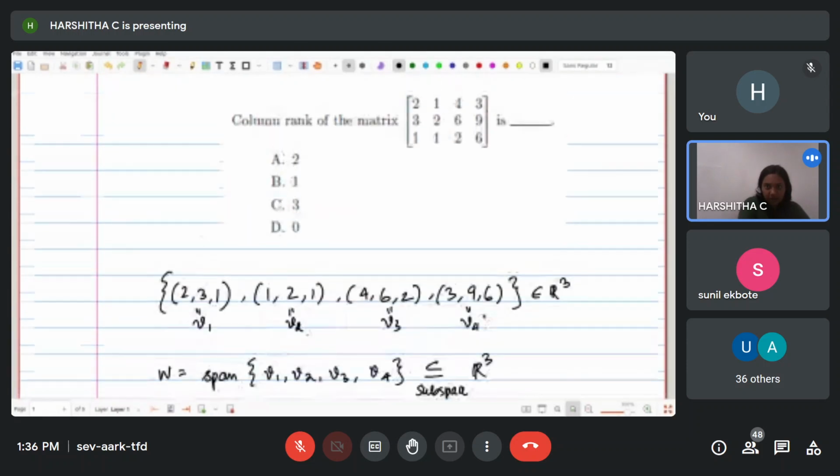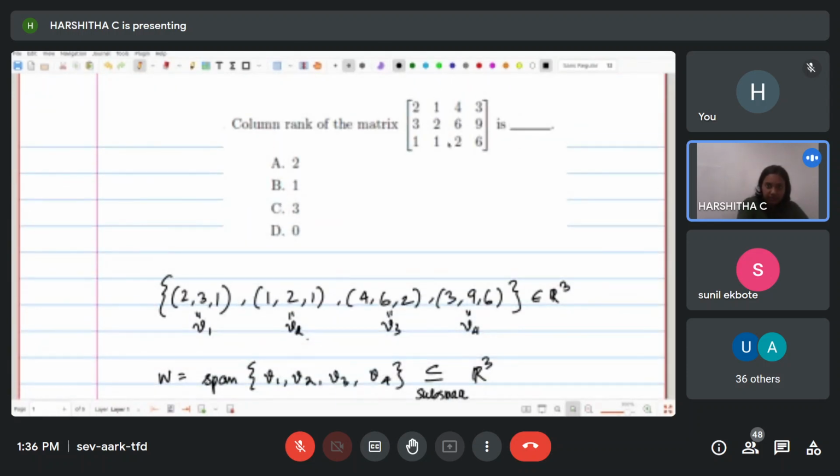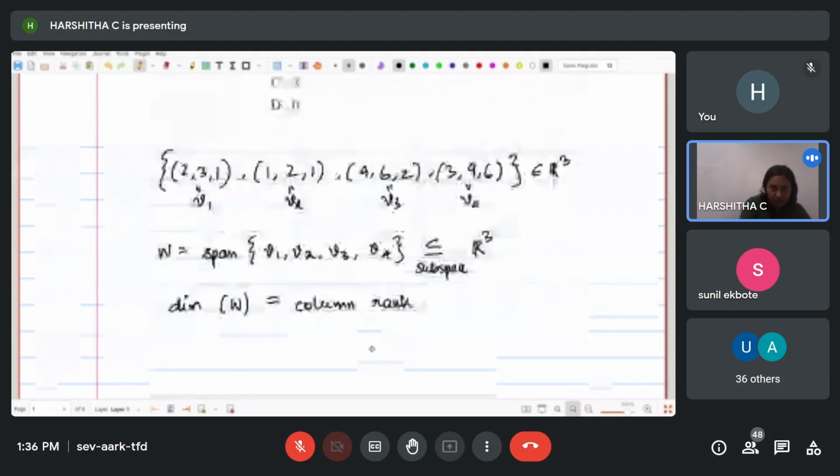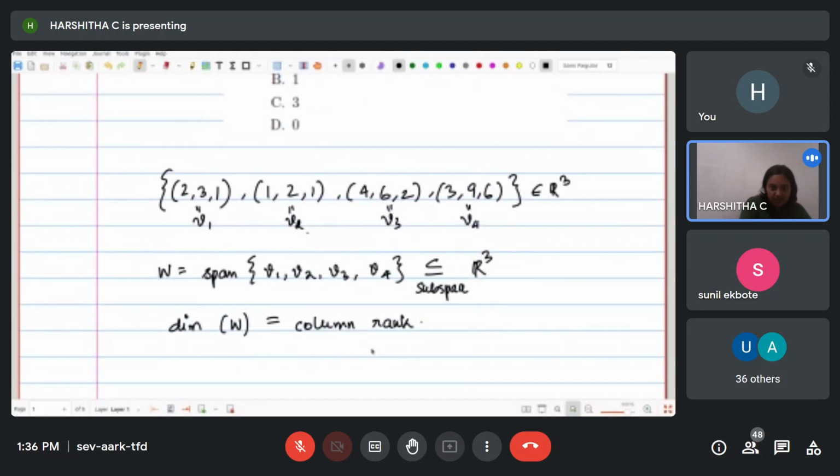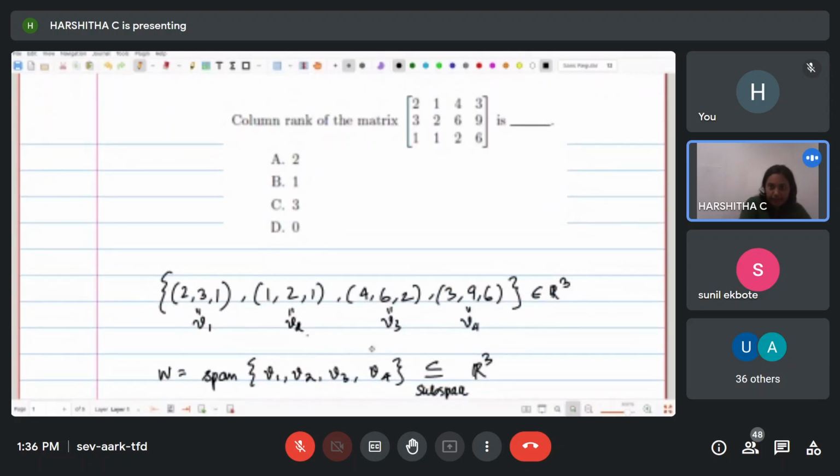Now similarly, if you look at the rows, each of the rows is a vector in R4. So you look at the space formed by those vectors. Whatever is the subspace that it generates, you look at the dimension of that. That is called the row rank.